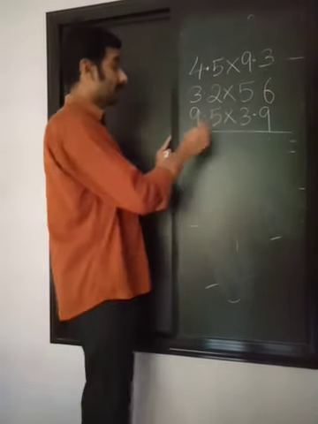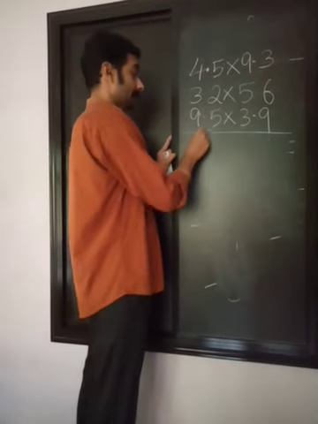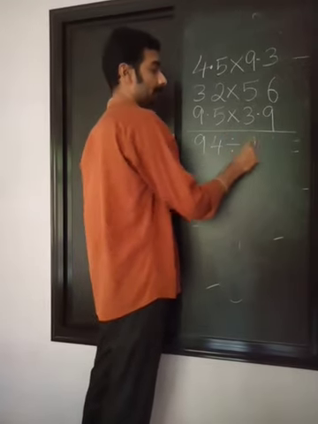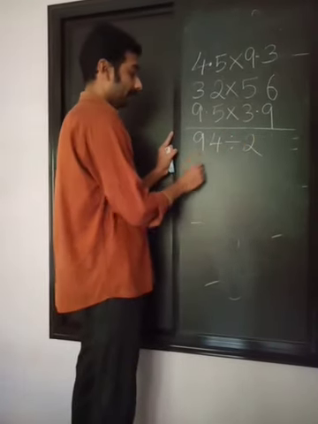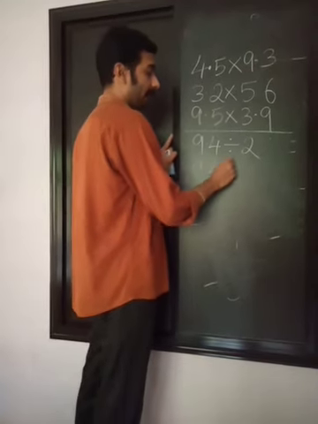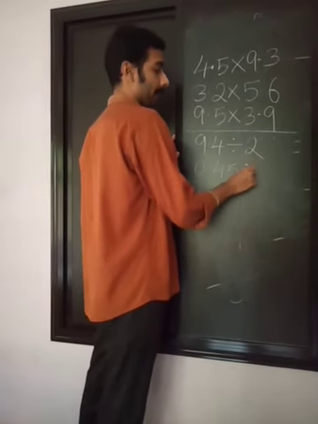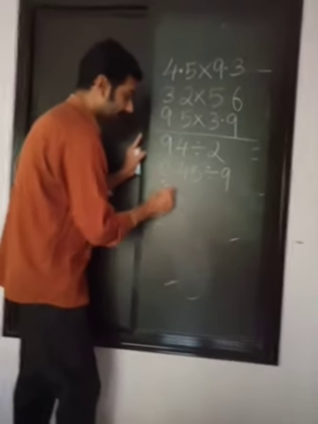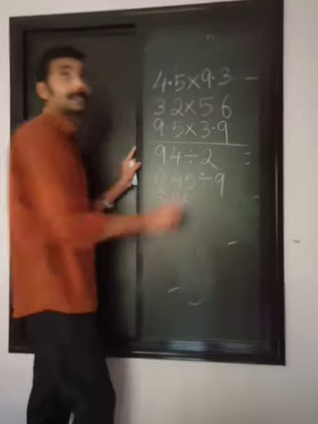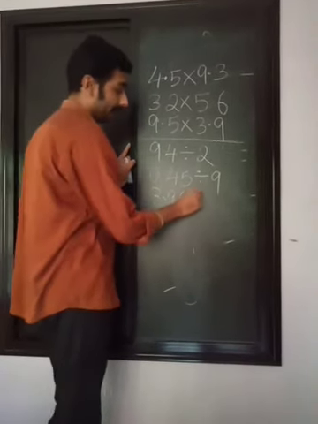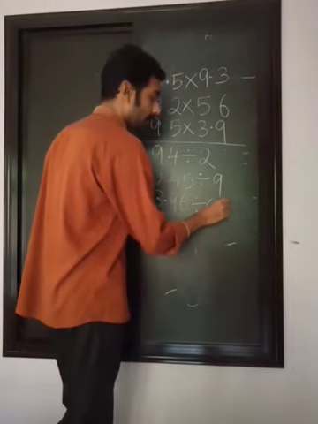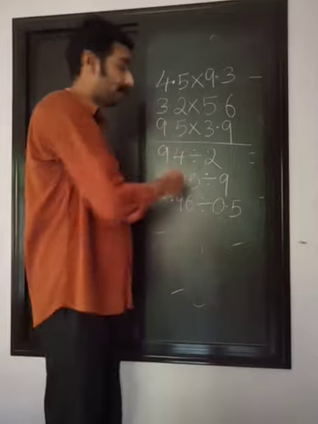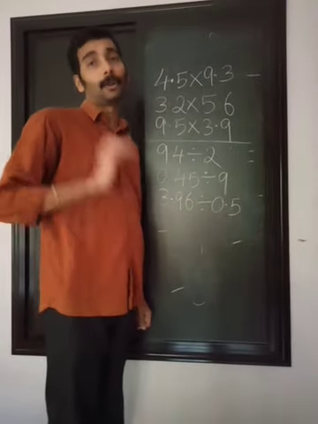And another one is division. 9.4 divided by 2, and 0.45 divided by 9, and another one is 3.96 divided by 0.5. This type of questions you write in your notebook.